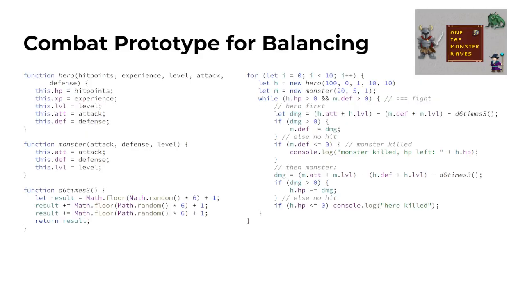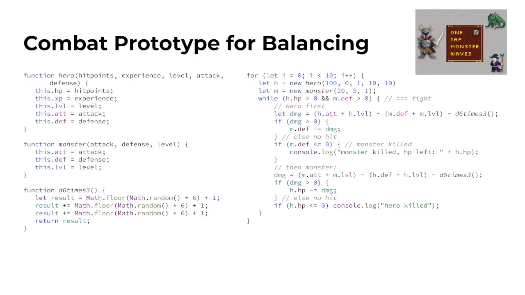Yeah, and that would be already a digital prototype, which takes away this rolling the dice and then determining who wins. Because what we want to do is we want to give the monster a fair chance to kill the hero and the other way around.